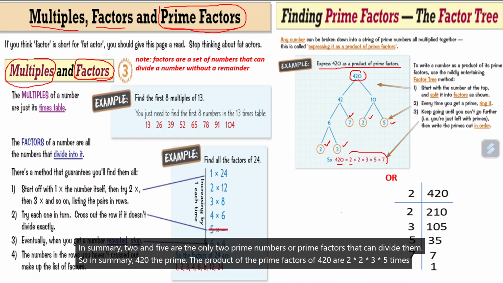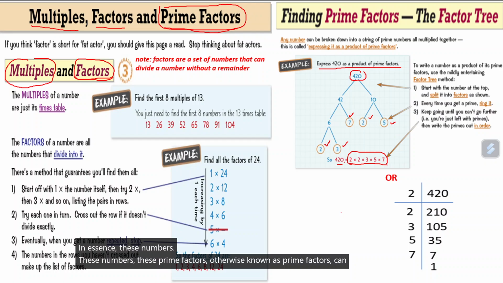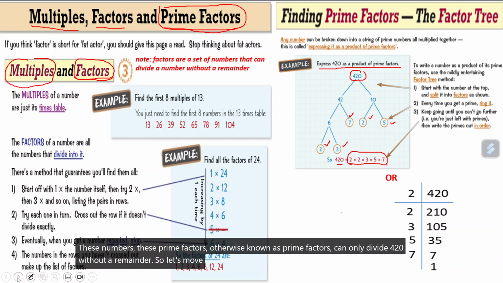These are the prime factors of 420. In essence, these prime factors can only divide 420 without a remainder. So let's move on so as to appreciate what we'll be talking about.